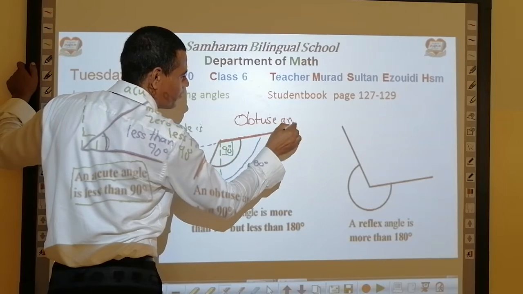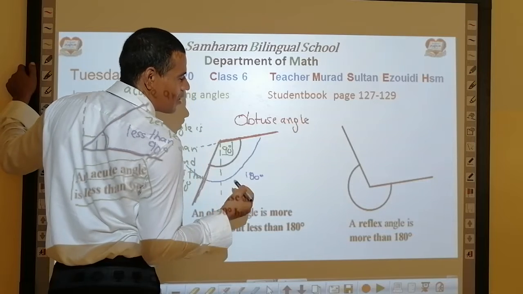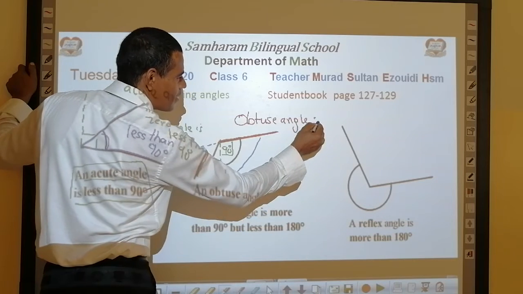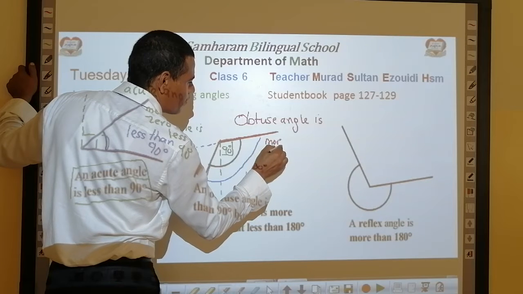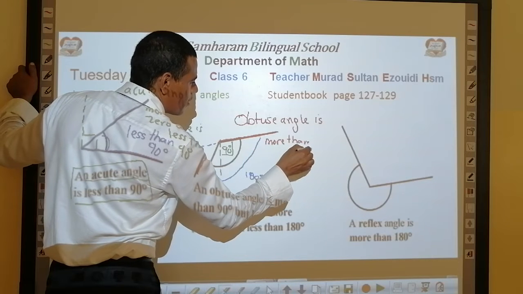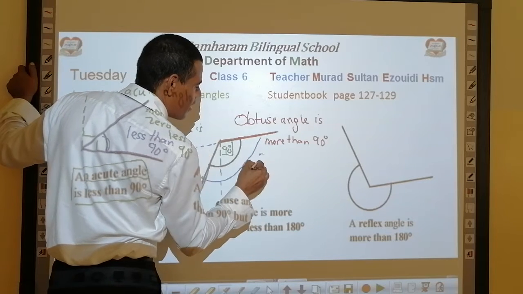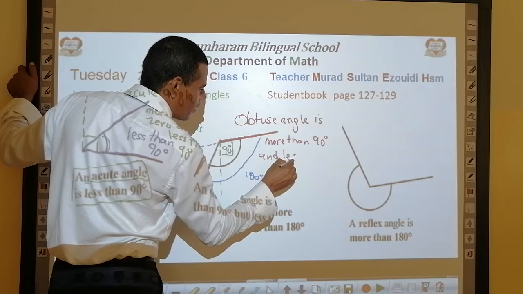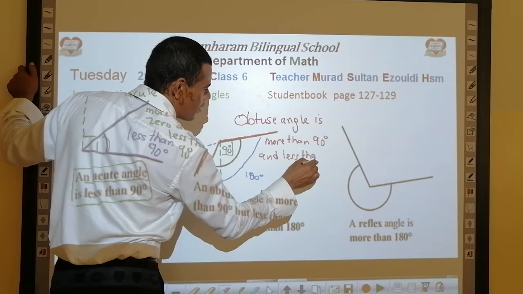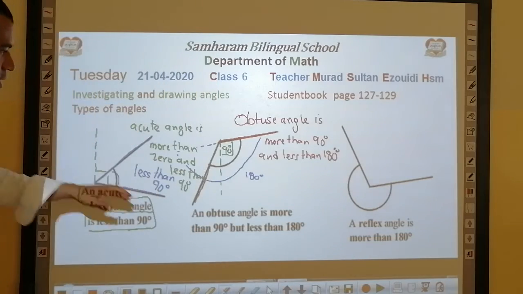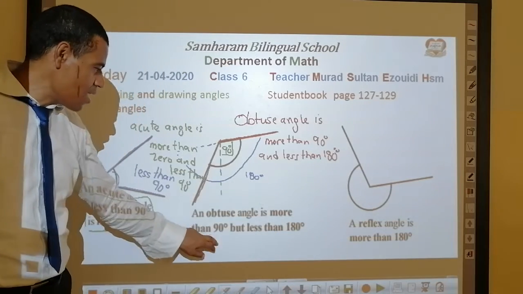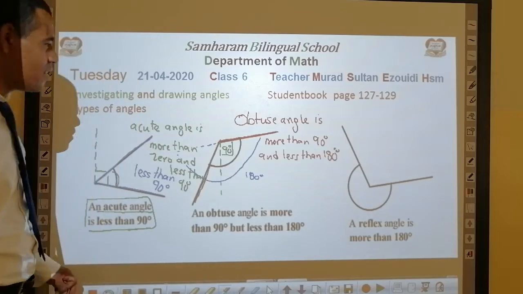It is more than 90 degrees and less than what? Than 180 degrees. So an obtuse angle is more than 90 but less than 180 degrees.